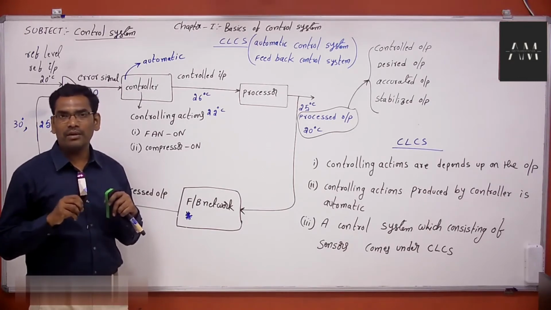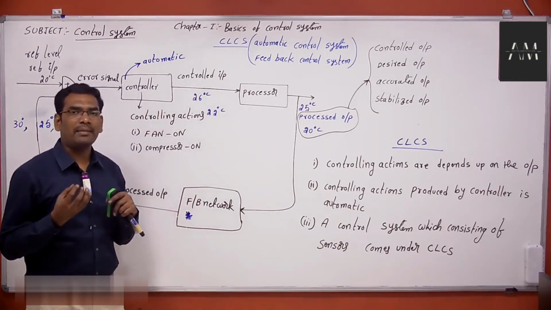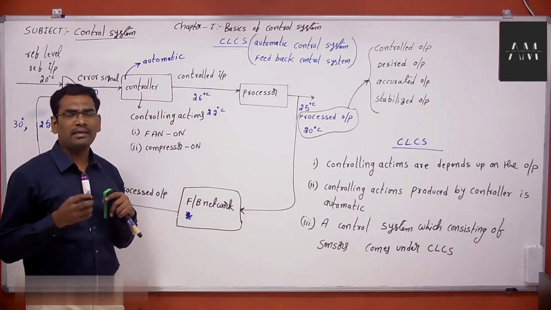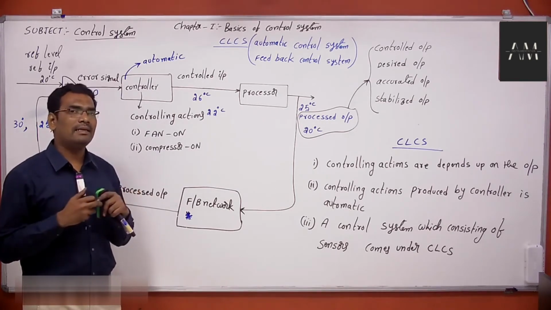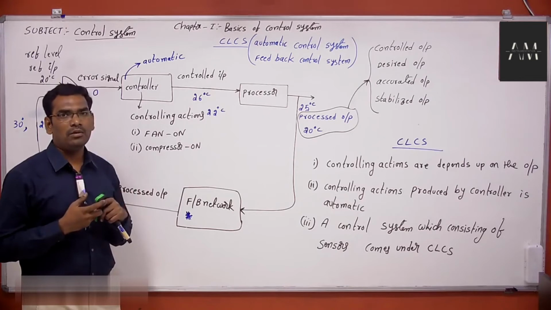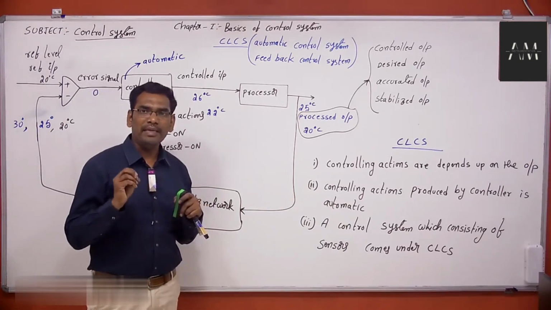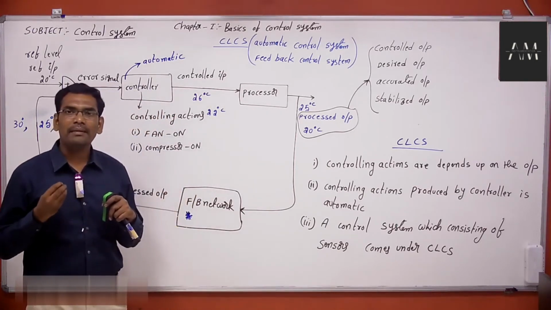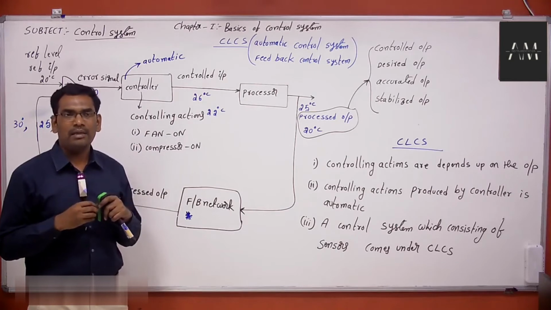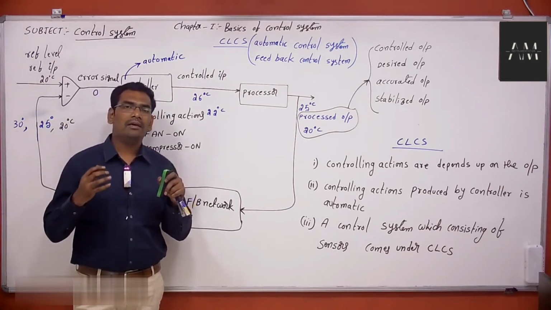That is possible once you have mathematical relations, a mathematical analysis with you. Then you can easily understand the behavior of that particular control system. Therefore, now we go to the next topic. I want to understand the complete behavior of any control system.